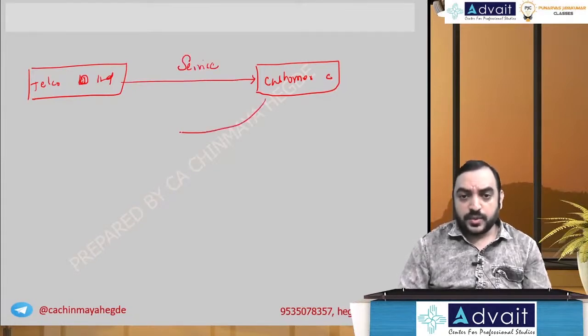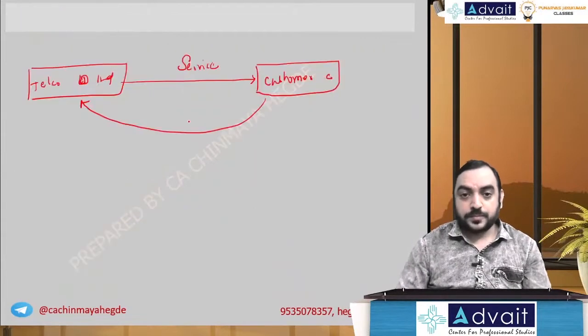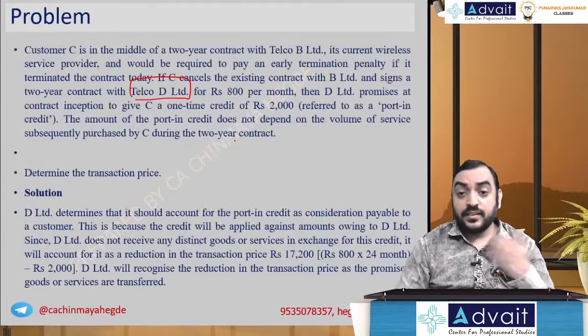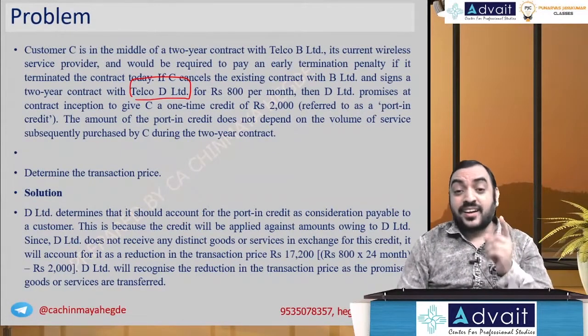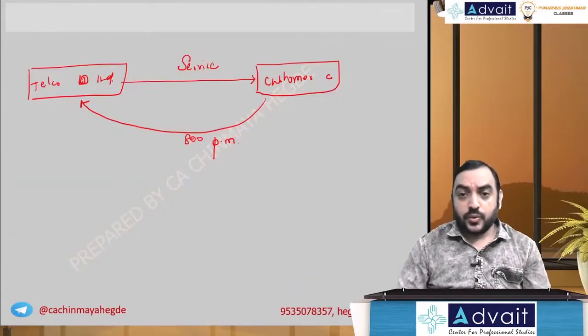And what does customer C have to pay? 800 per month. And D Limited promises at the contract inception to give C a one-time credit of rupees 2000, a port-in credit. Now, D Limited is giving customer C a one-time port-in credit.